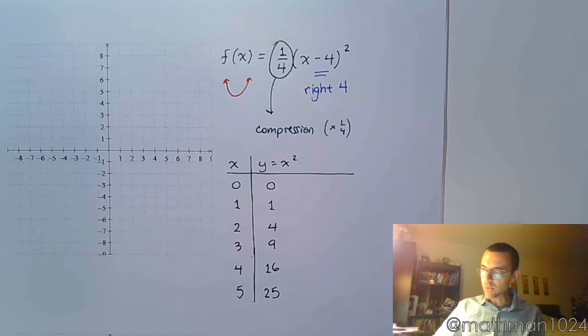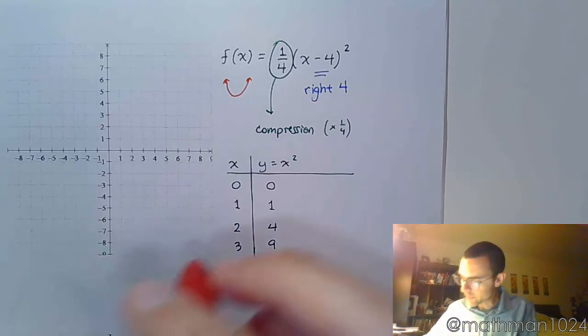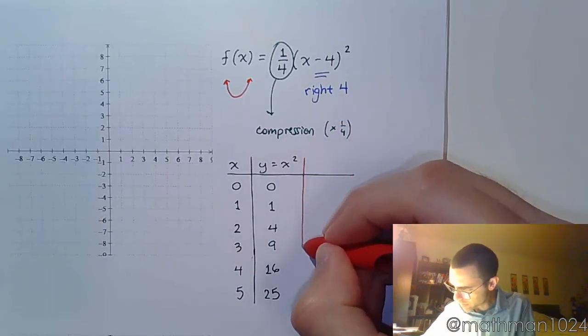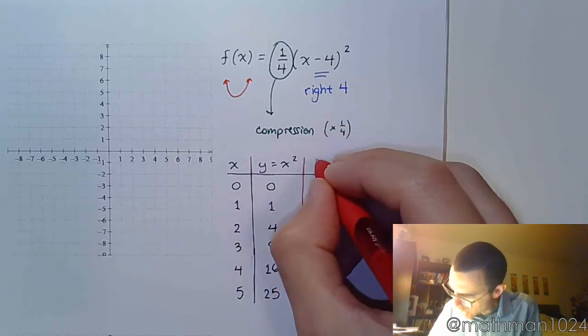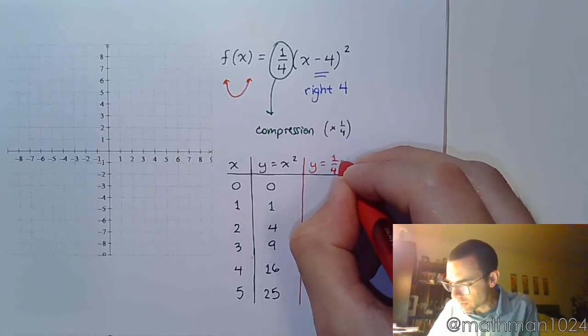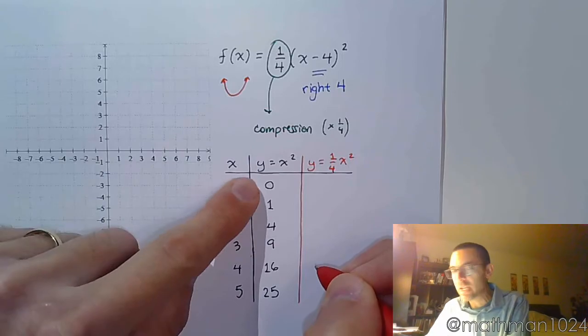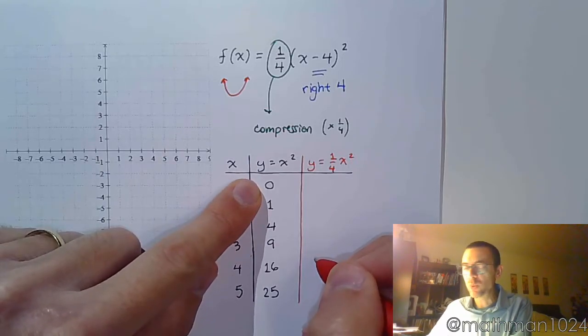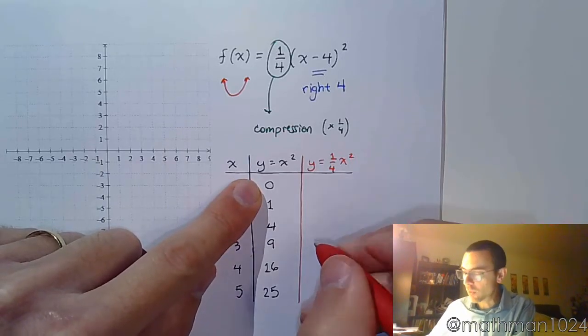All right, so let's see what happens whenever I apply that 1/4. So now when I look at y is equal to 1/4 x squared, I'm going to take each of these output values and multiply times 1/4. In other words, divide by 4.